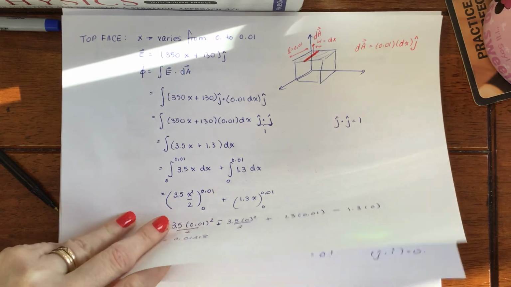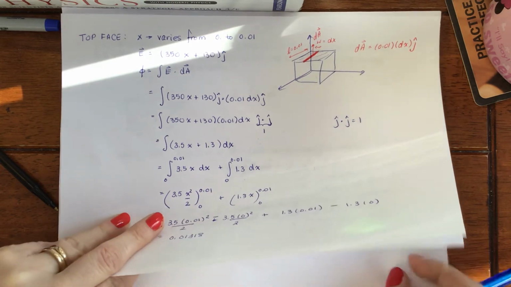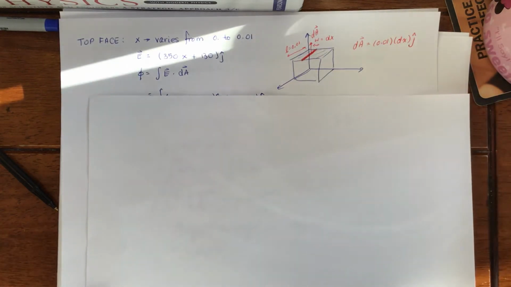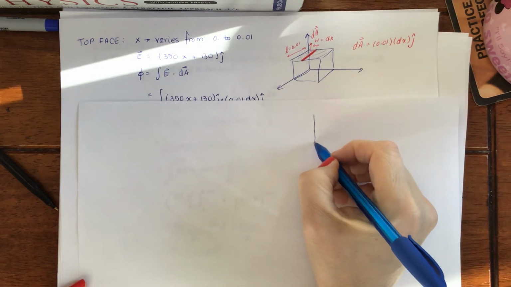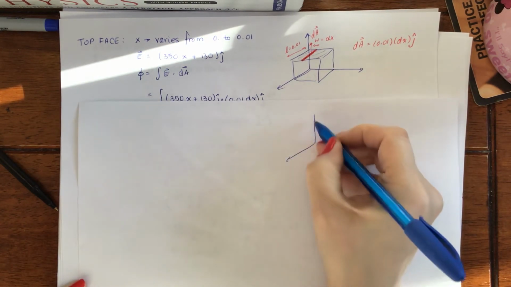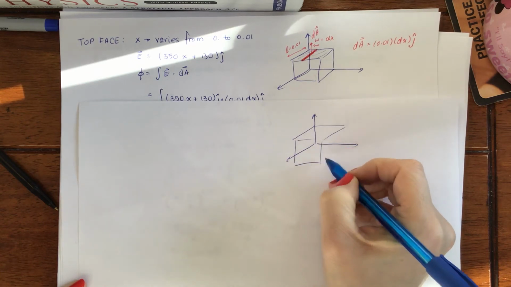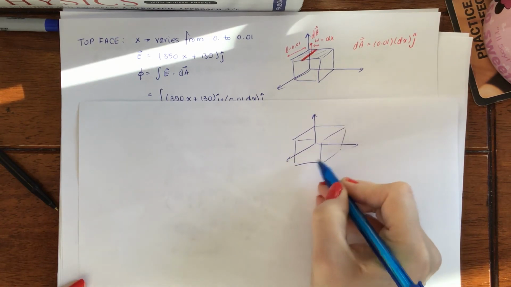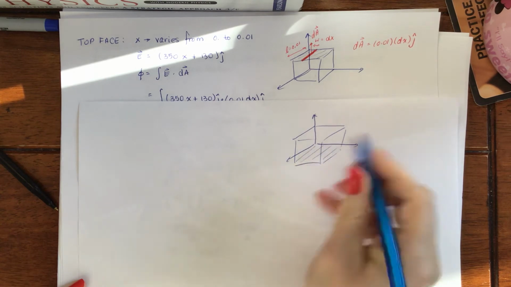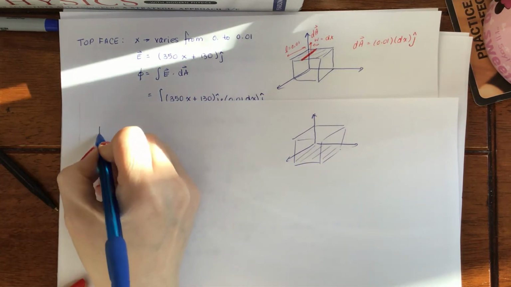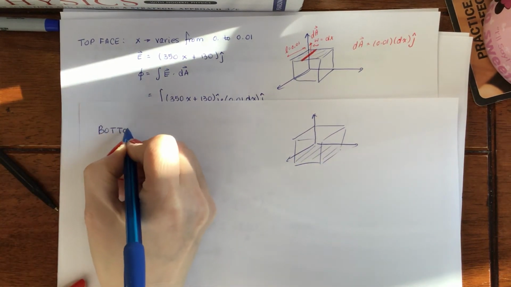So the bottom face of the box, why don't we do that picture real quick. Our bottom face of the box down here, so bottom face, hopefully we can make this one a little bit quicker.